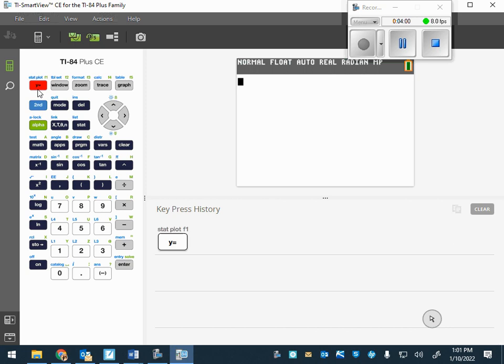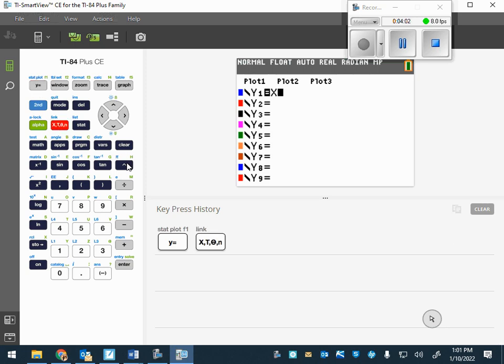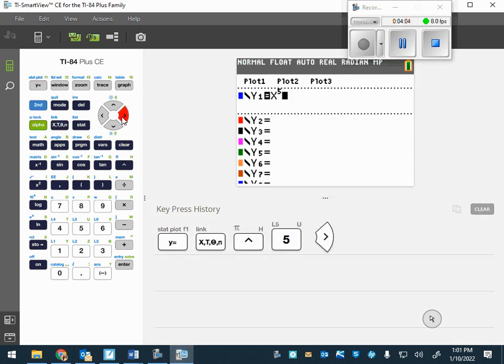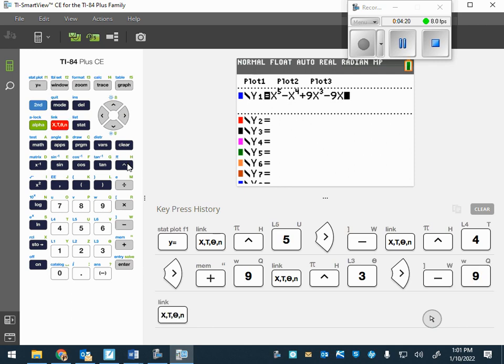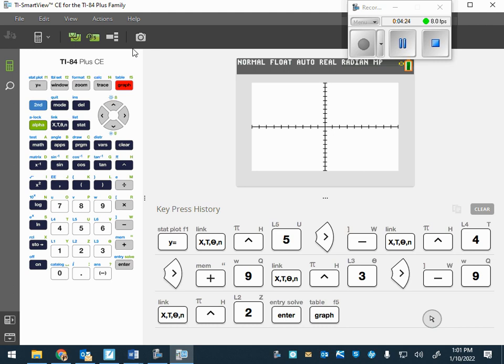Okay, so when you go to y equals x to the 5th minus x to the 4th, all right. And when you hit graph, this is what you see, okay?